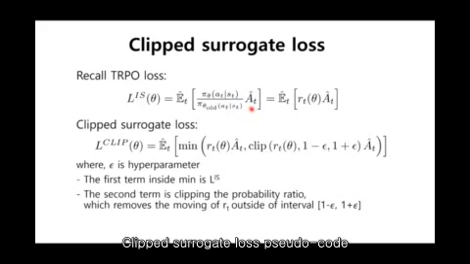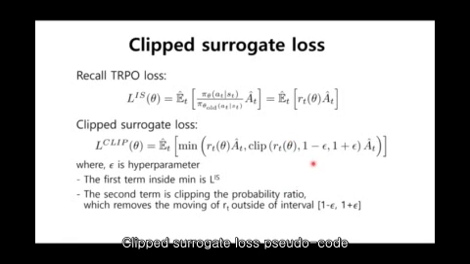Let's denote the probability ratio as r_t(theta). This loss without the constraint, if we maximize it, can lead to an excessively large policy update, which decreases performance. Then the clip surrogate loss is proposed to constrain the probability ratio not to go far away from 1.